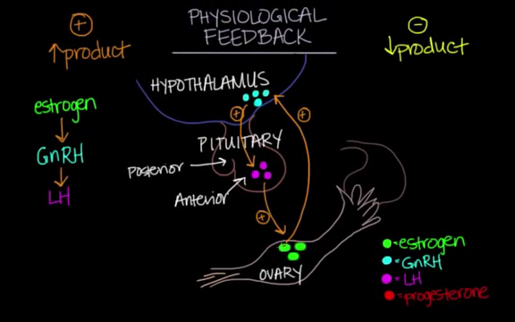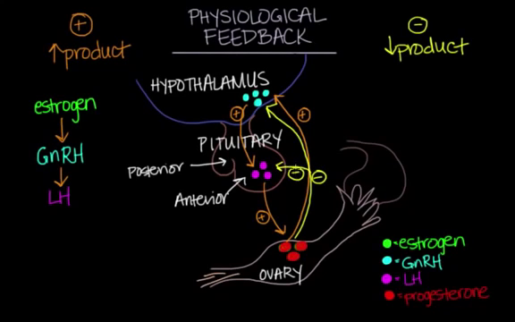So progesterone is triggered when it senses that these LH levels are too high, and it's secreted from the corpus luteum after ovulation. So after ovulation, the progesterone will trigger the GnRH production in the hypothalamus to turn off, and that will also trigger LH production in the anterior pituitary to also turn off.